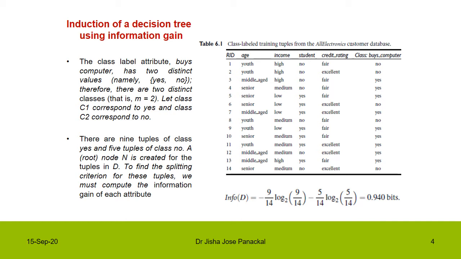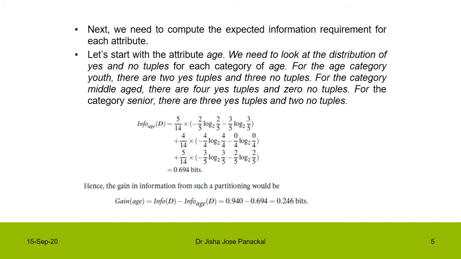Here buys_computer yes comes in 9 tuples, that is the value represented here, and the 5 represents the no values. So the positive case and the negative case, or the different class values, are represented separately here while we calculate the information on a particular data set. And finally we get a value of 0.940 bits. So that is the Info(D) based on these training tuples.